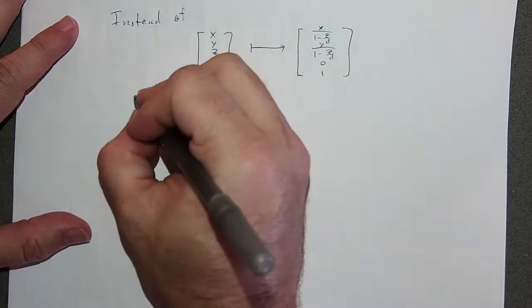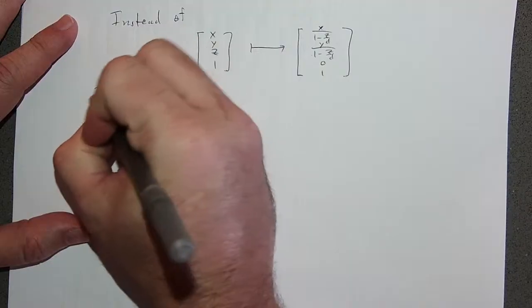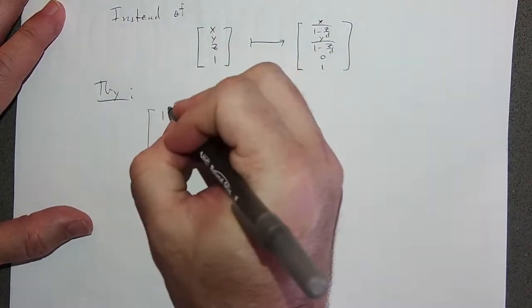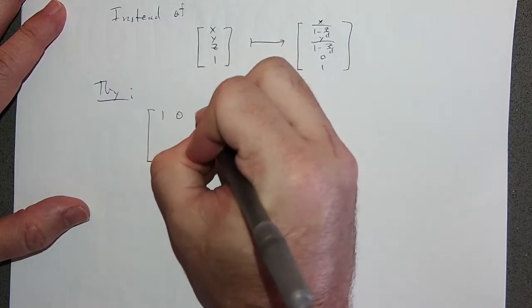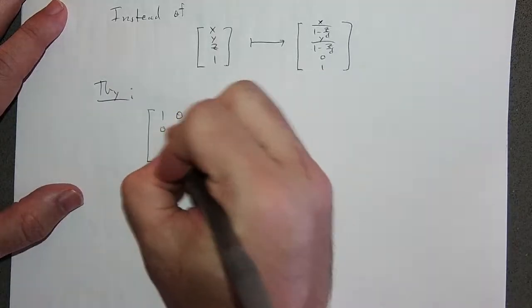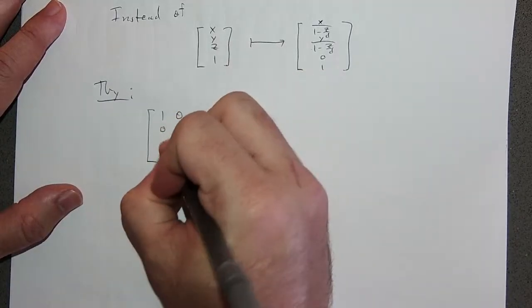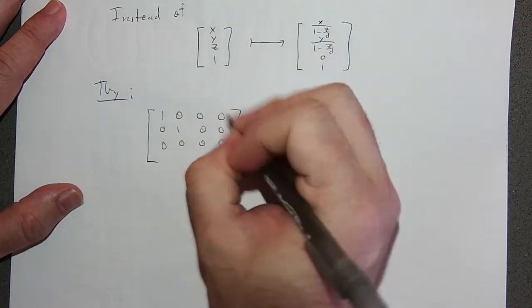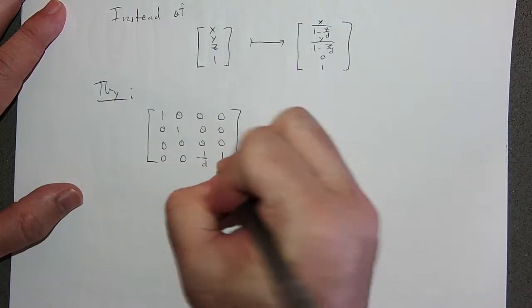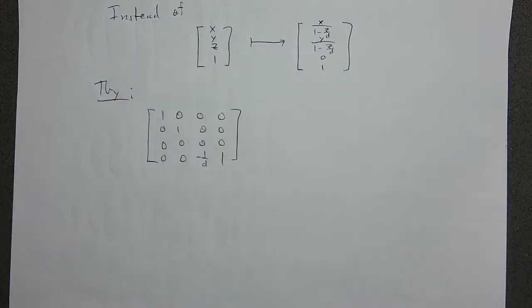Let's try the following matrix product, which is, reading row-wise here, 1, 0, 0, 0, 0, 1, 0, 0, 0, 0, 0, 0, 0, 0, minus 1 over d, 1. Notice how this is related to the m that I found.